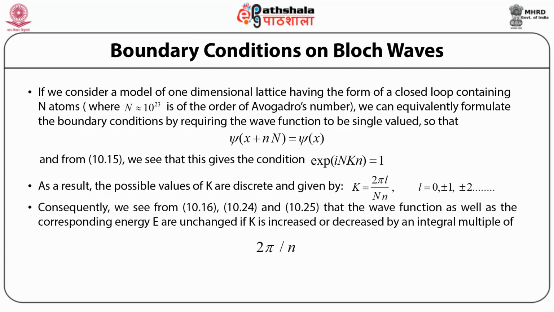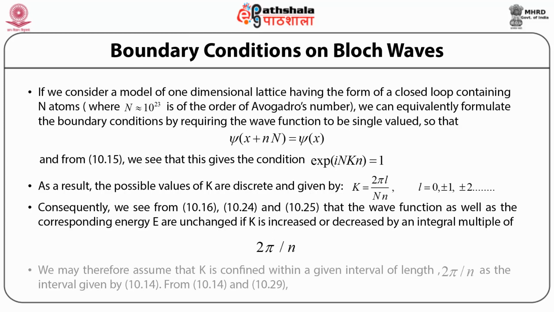Consequently, we see from equations 16, 24 and 25 that the wave function as well as the corresponding energy E are unchanged if k is increased or decreased by an integral multiple of 2 pi by n. We may therefore assume that k is confined within a given interval of length 2 pi by n, as the interval given by equation 14.